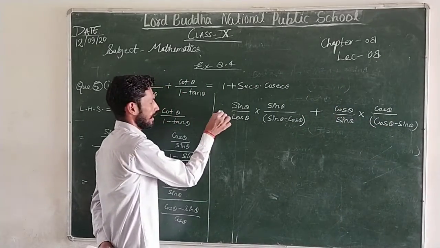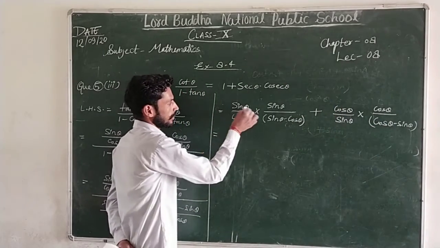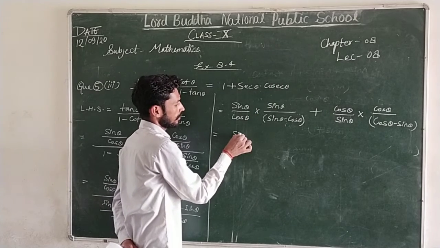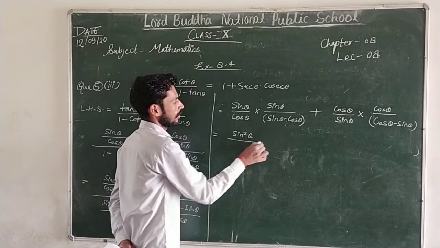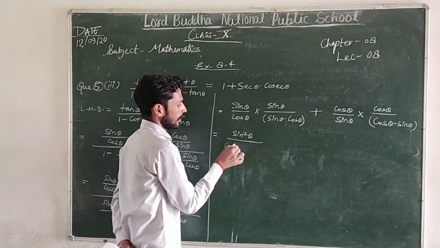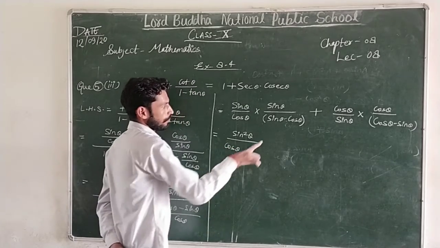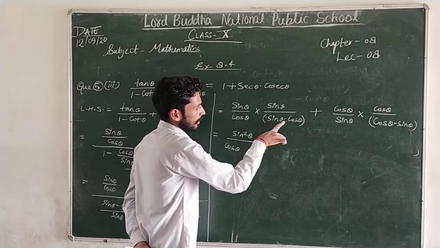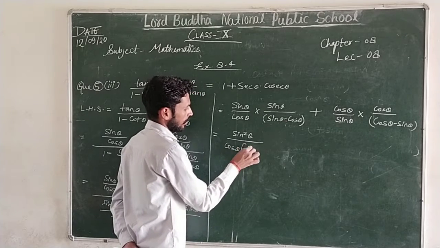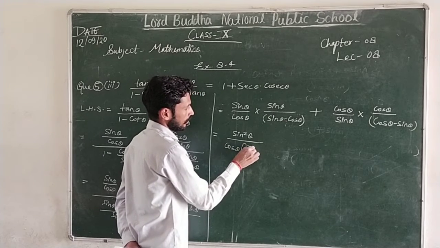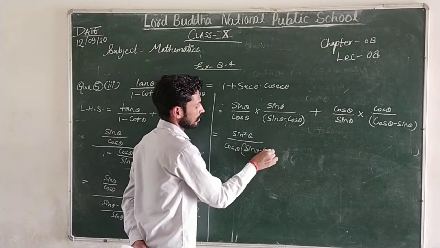So here we can write in the next step sin theta into sin theta, that is sin square theta upon cos theta, and here is the sin theta minus cos theta. So write here sin theta minus cos theta.